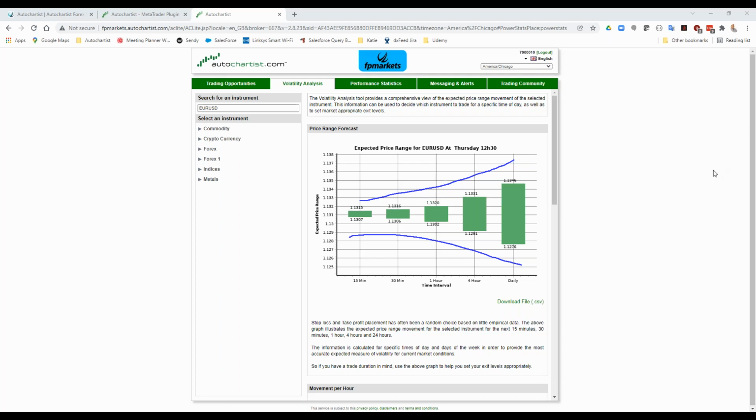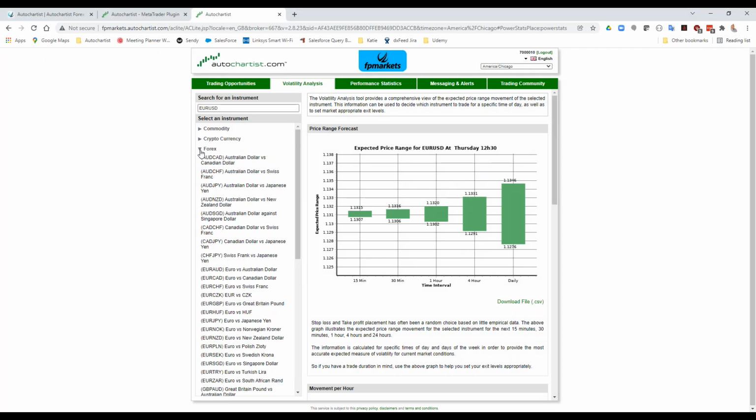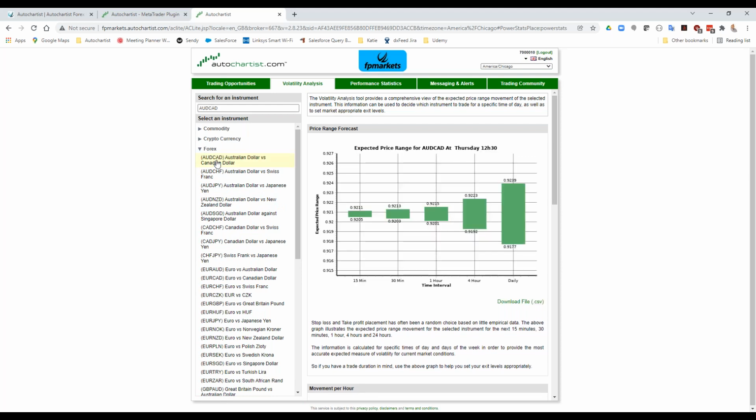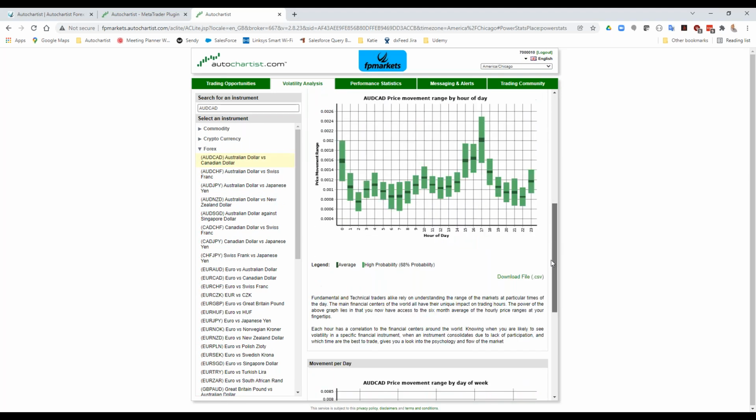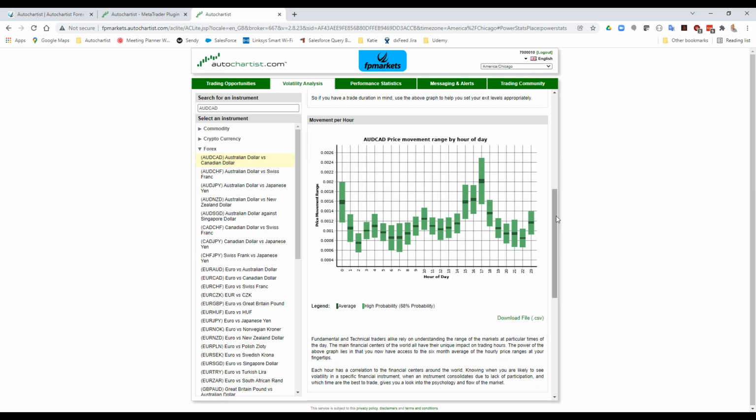If you want to change your instruments, on this volatility analysis section, there's all the FX pairs or anything. If you want to look at what AUDCAD looks like by hour of the day, you can see what the dynamics are. You have 2 peaks for AUDCAD. In Chicago time, you have it over here late in the afternoon, and also early in the morning.